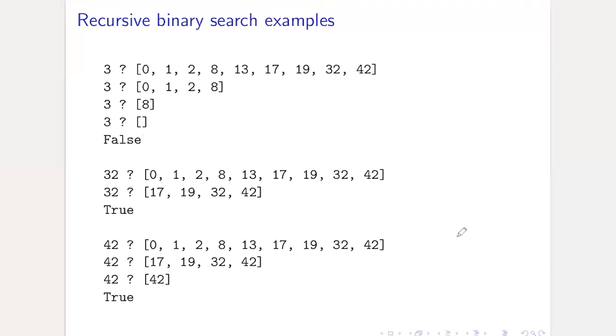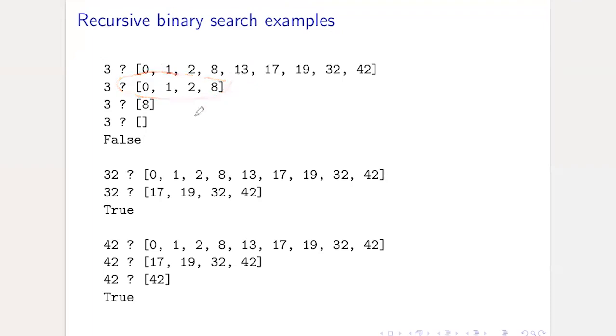So this is where the recursive version of the algorithm is running. I have some examples here. If I'm searching for 3, then when I get the midpoint, which would be 13 here, it does not match 3, and because 3 is less than 13, we restart with the left hand side.